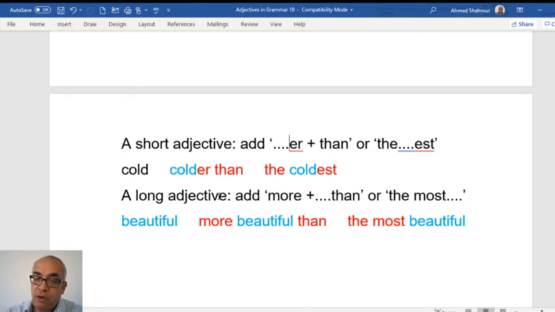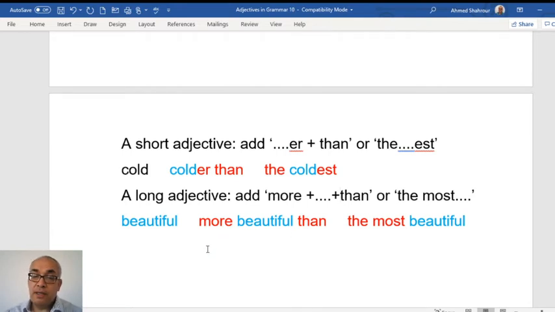If the adjective is long, or it has 2 syllables or more than 2 syllables, so add more plus adjective plus than, or the most. So beautiful is the adjective, more beautiful than, more before the adjective, than after the adjective, and the most you put before the adjective.